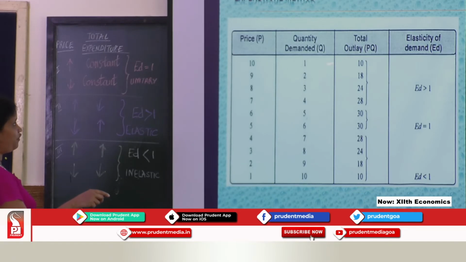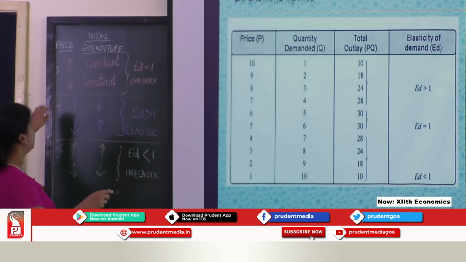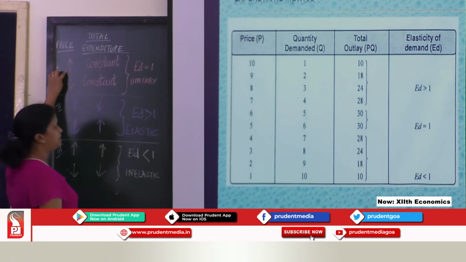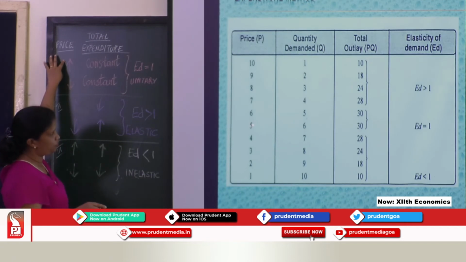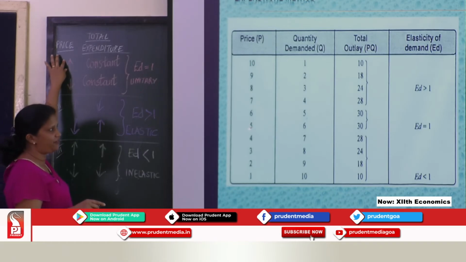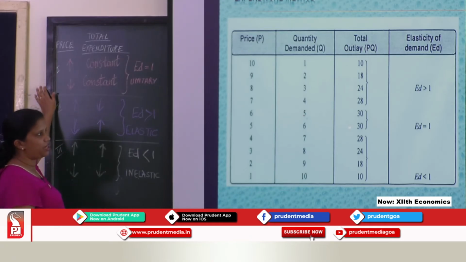Now, let us look at the first situation, price increases. For example, look at price 5 and price 6. Price has increased from 5 to 6, because of which quantity demanded decreases from 6 to 5. How much was the expenditure when the price was 5 rupees? Expenditure was 30 rupees.